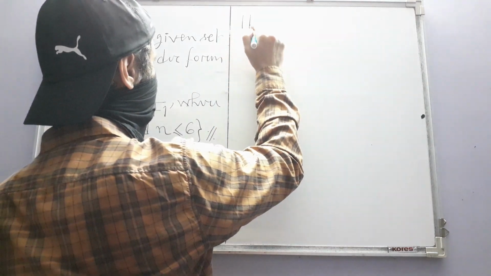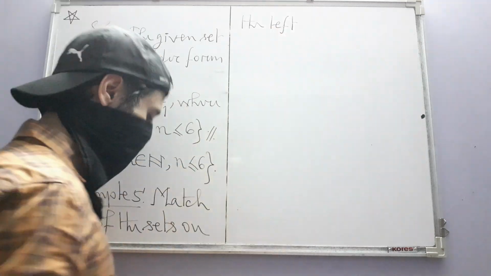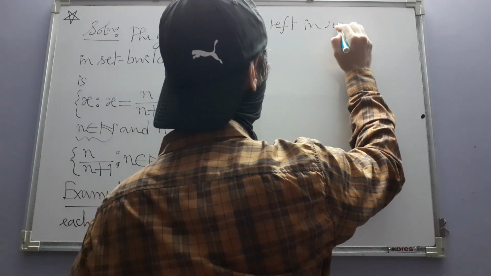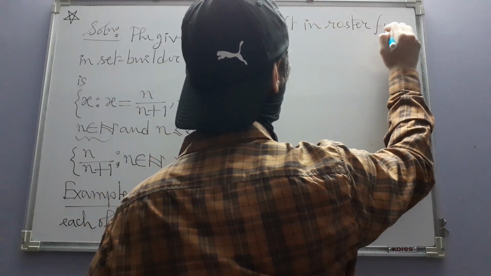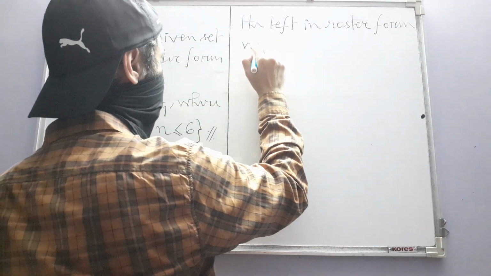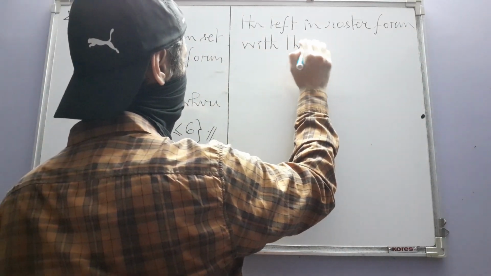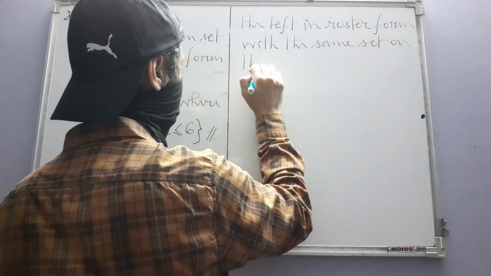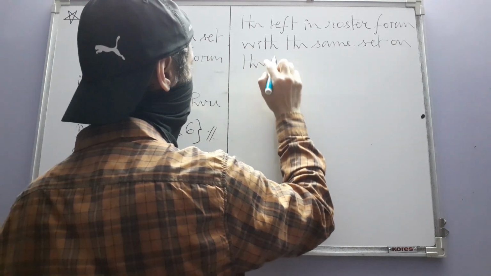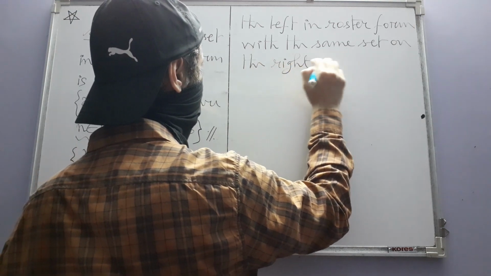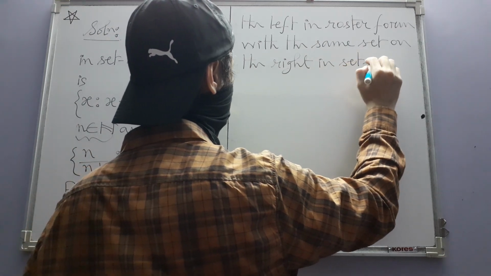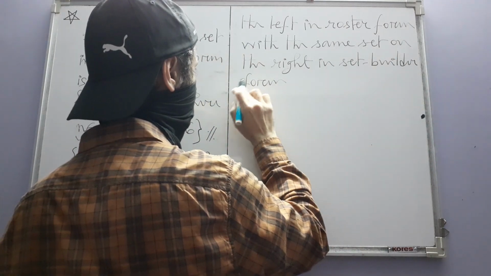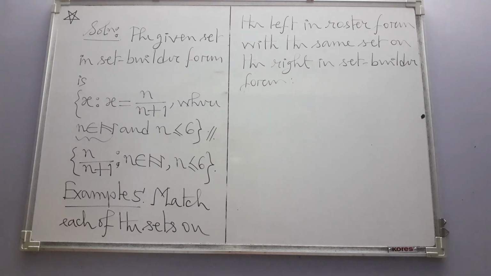On the left, in roster form, with the same set, on the right, in set builder form. And the lists are like this.